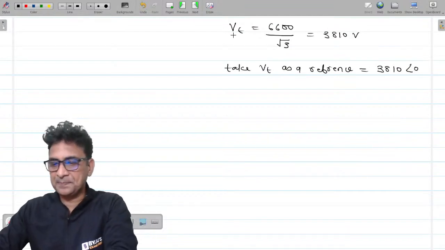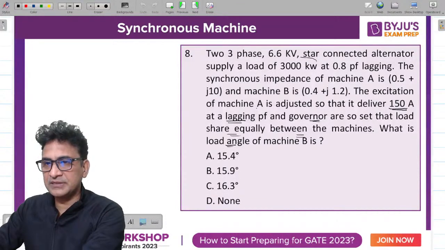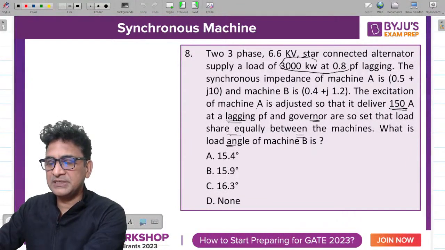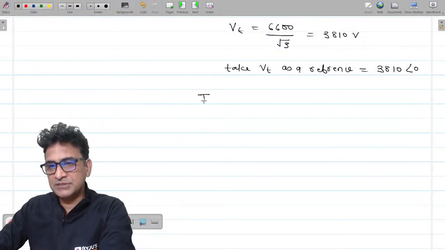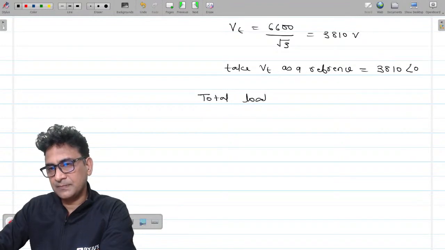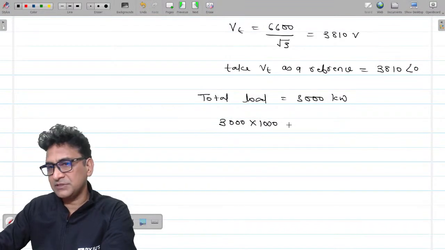This is the Vt. Now how much current is the overall load drawing? Overall load has 3000 kilowatt at 0.8 power factor lagging. Total load is 3000 kilowatt, and this much load is given by both the machines. 3000 kilowatt means 3000 multiplied by 1000 watt.